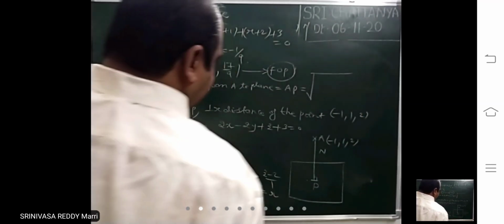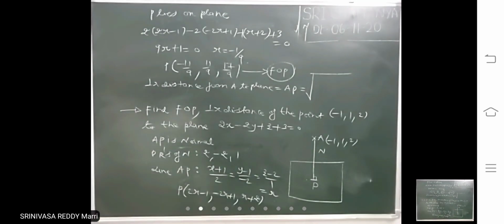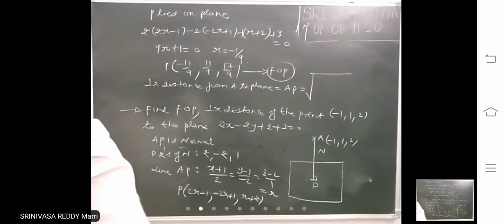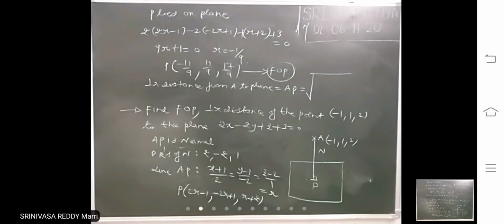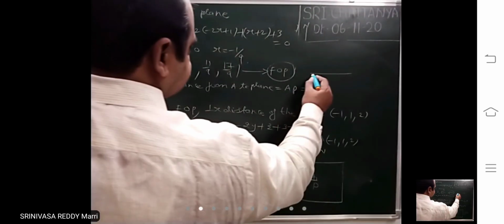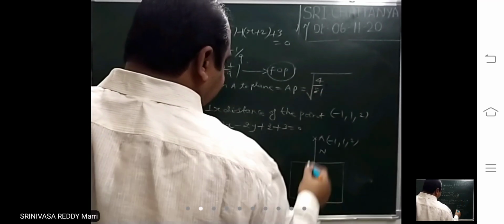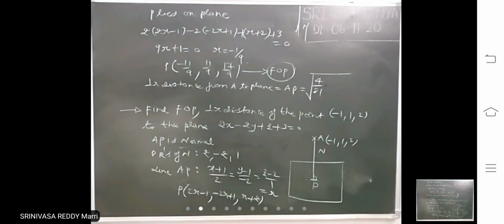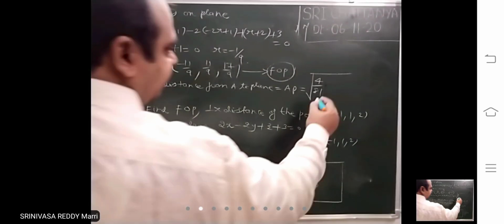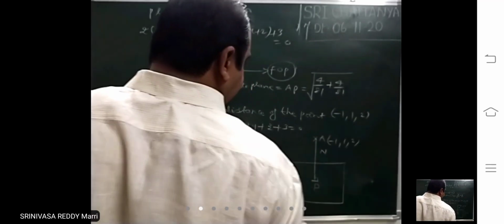Distance between this point and this point is, so minus 11 by 9 plus 1, that means 4 divided by 81. Right? 11 by 9 minus 1, that means 4 divided by 81.